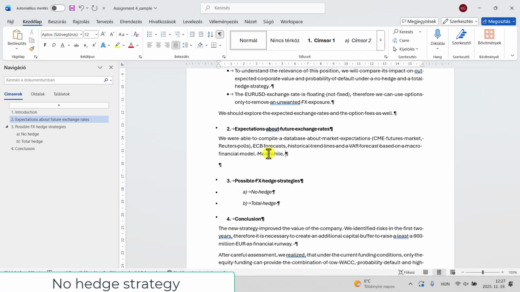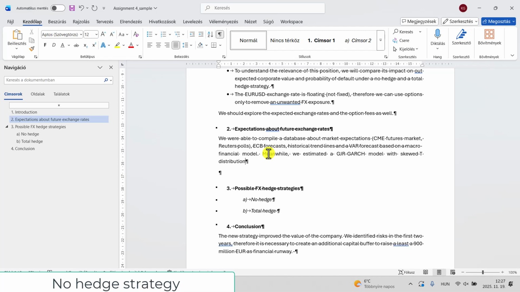Meanwhile, we estimated a GARCH model with skew t distribution to find the craziest outcomes.